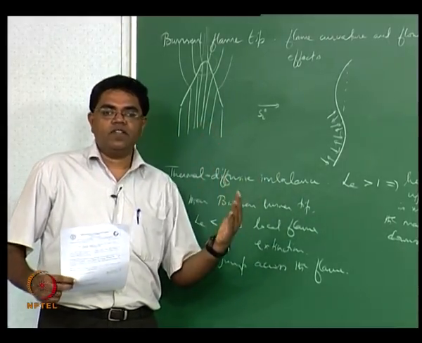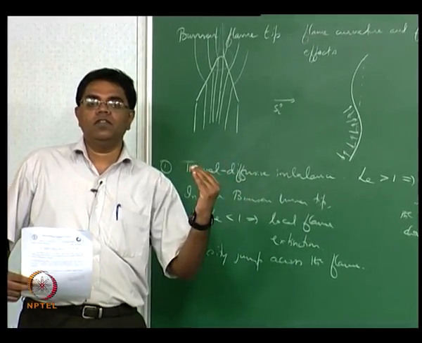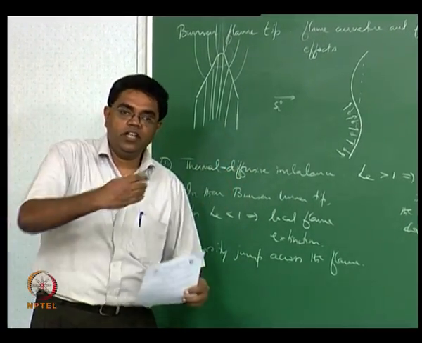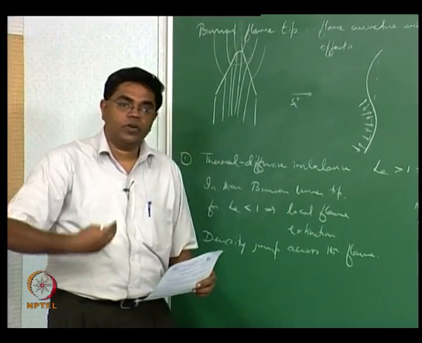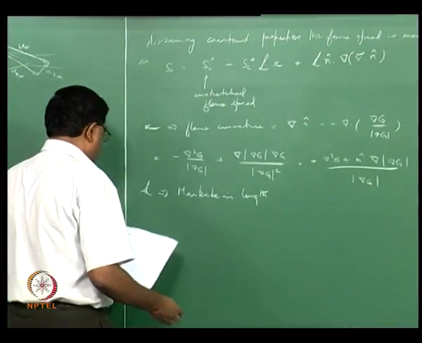Previously the unstretched flame thickness contained the preheat zone, but now if you curve, let's say concave, the heating is going to be felt further out. So that's the Markstein's length we are talking about.